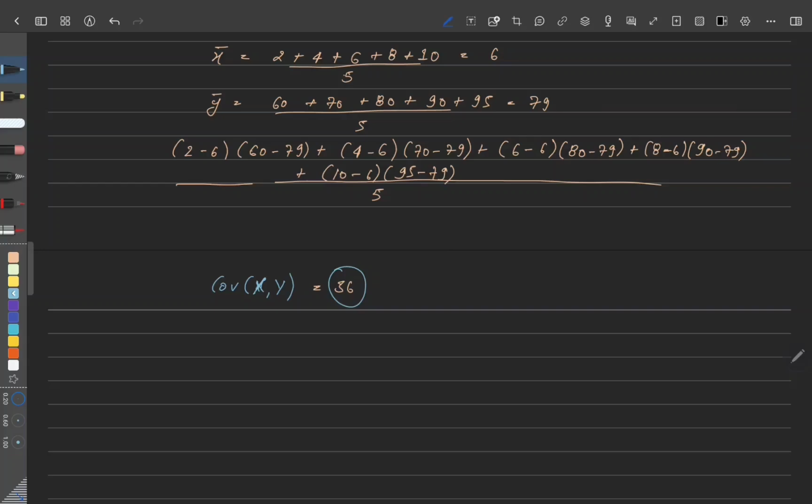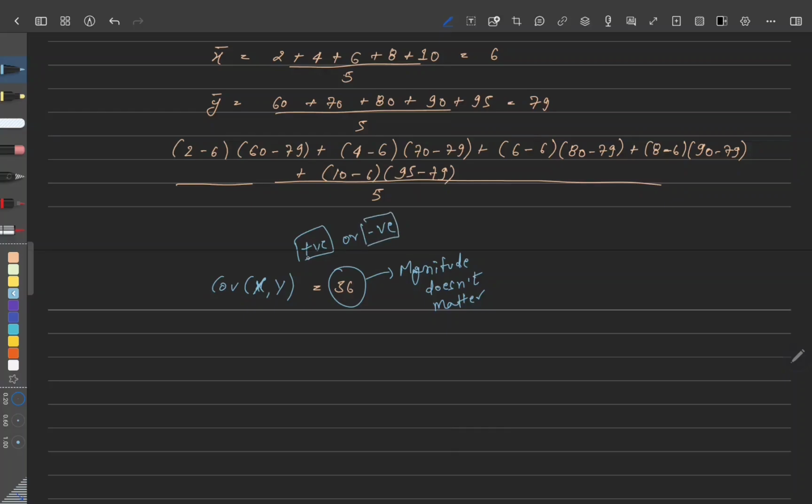Now how to interpret this value? This actual value, which is 36, doesn't really matter. Magnitude doesn't matter. What matters is whether this is positive or negative.